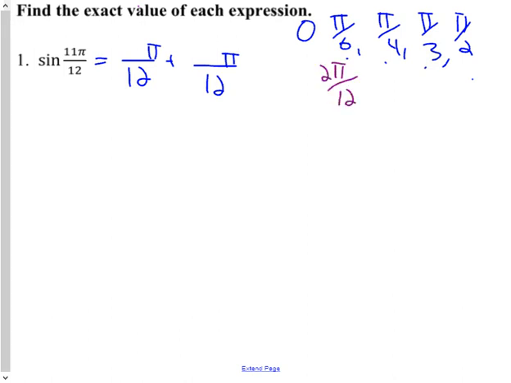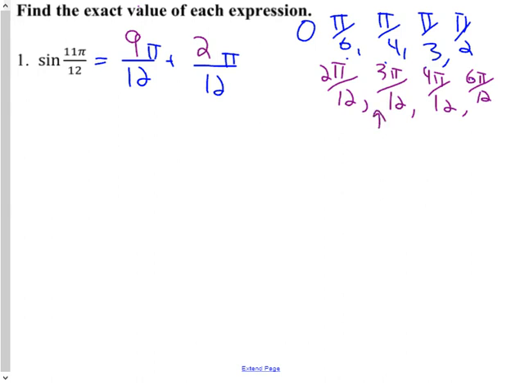Pi 6 over here is 2 pi 12, pi fourths are 3 pi 12, pi thirds are 4 pi 12, and pi half is 6 pi 12. We won't use that one as much. However, with 11 pi 12, we could say that is a 9 plus 2, right? So 9 pi 12 plus 2 pi 12. I'm using a multiple of pi 4.